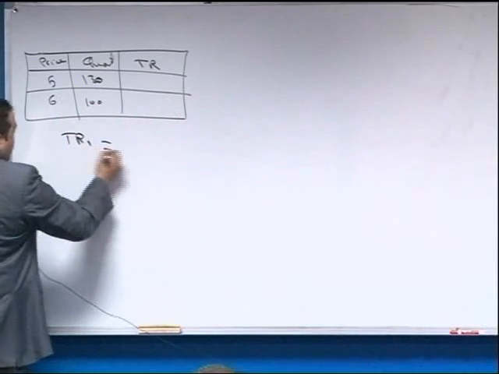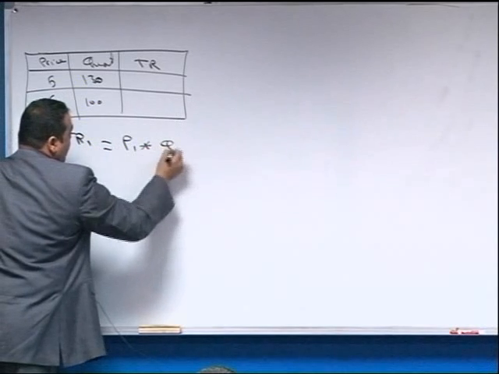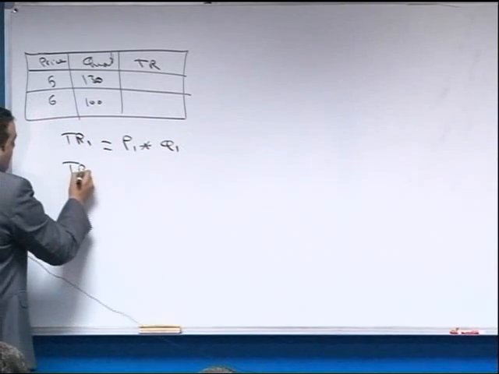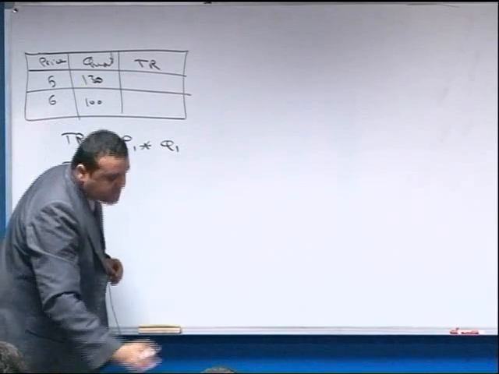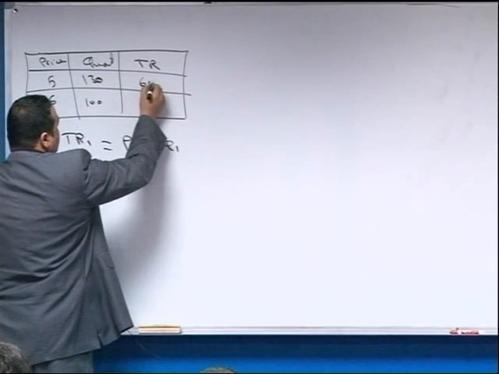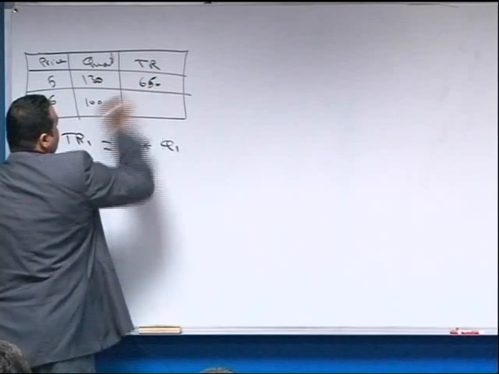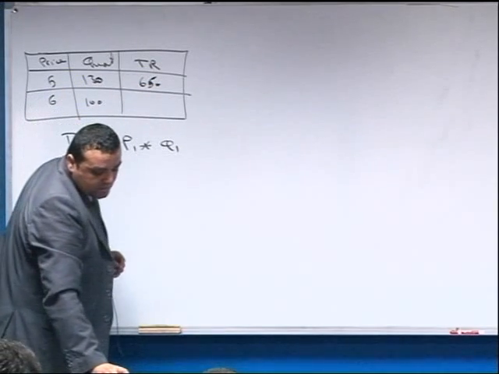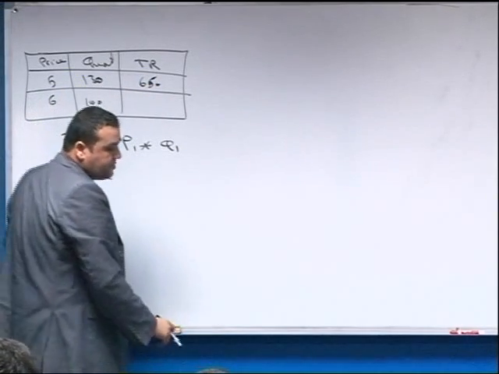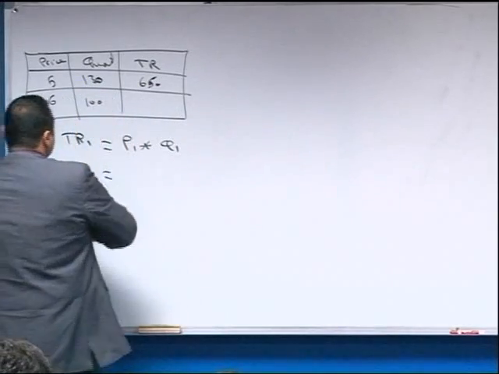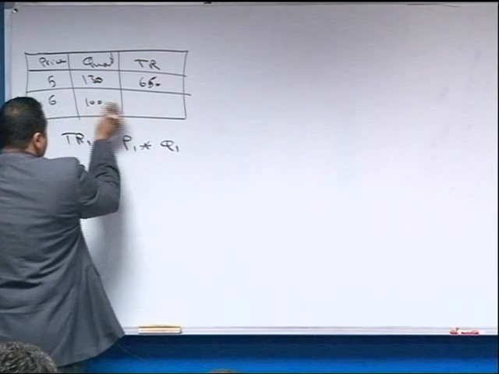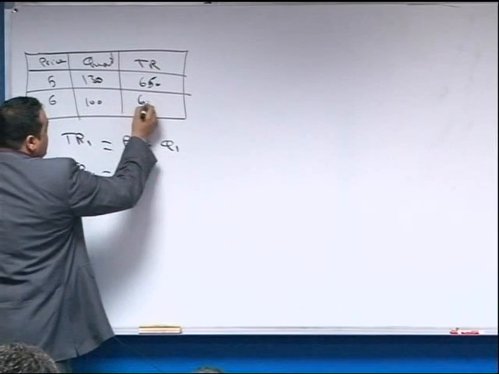TR1 equals P1 times Q1. TR1 equals 5 times 130 equals 650. And TR2, 6 times 100, equals 600.